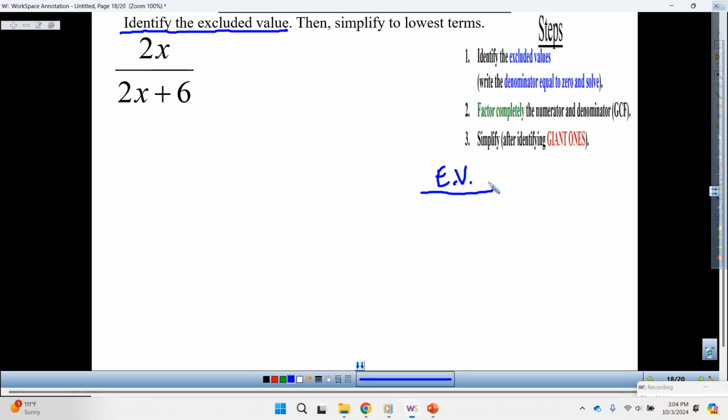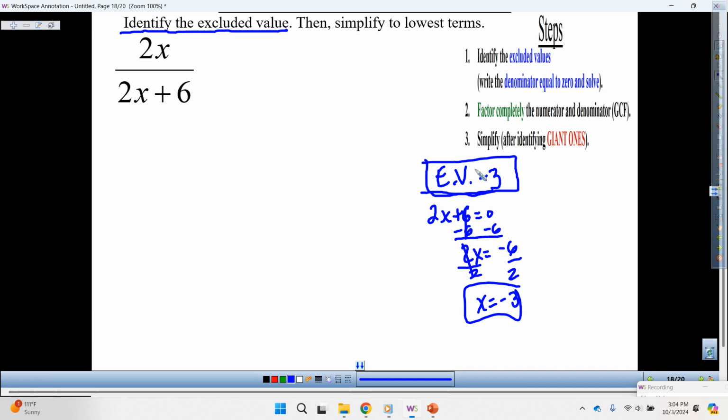No, it's not electric vehicle. Excluded value. What do I do, Mr. Q? You take the denominator, set it equal to 0, solve, and that is our excluded value.